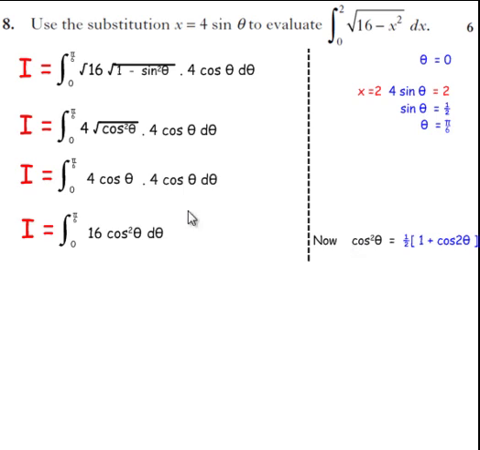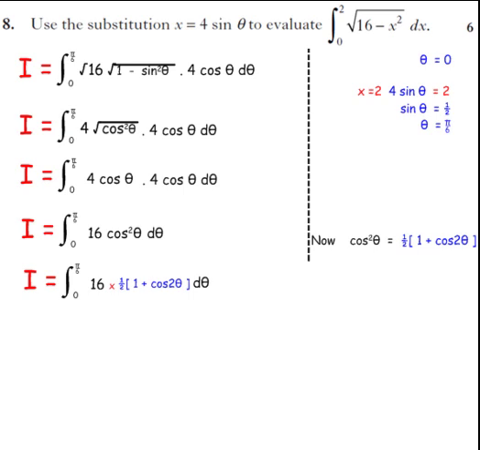So if we now replace the cos squared theta by a half bracket 1 plus cos 2 theta, that will give us a double angle which we will be able to integrate. So 16 times cos squared theta, which is a half bracket 1 plus cos 2 theta d theta.